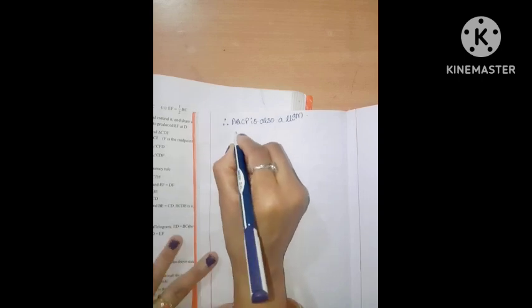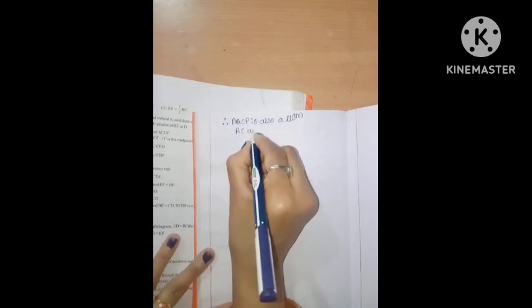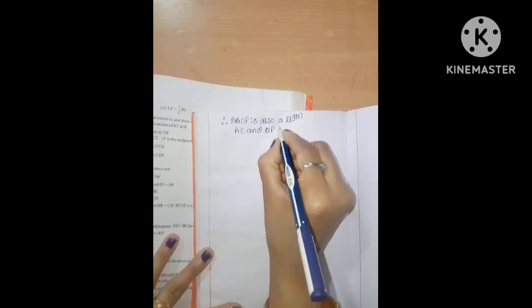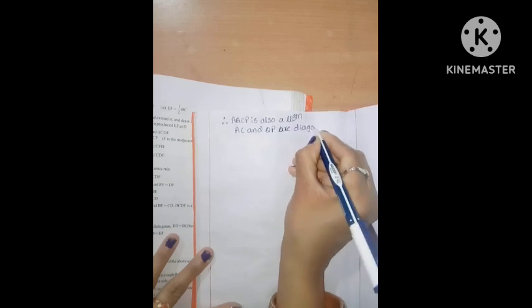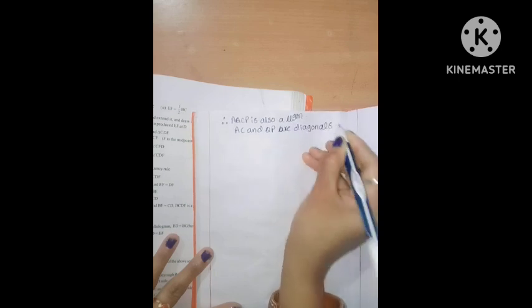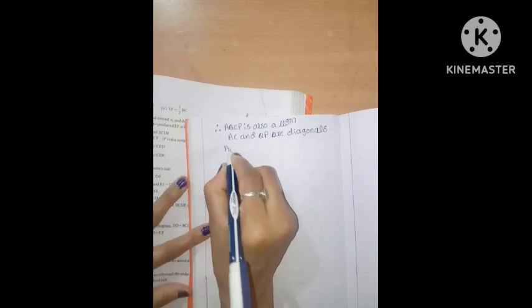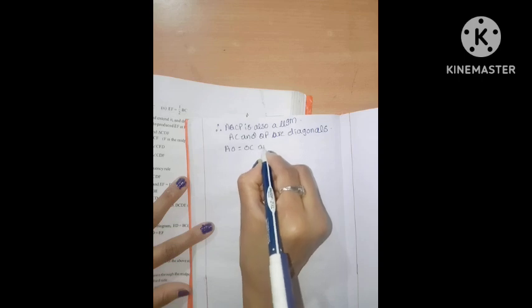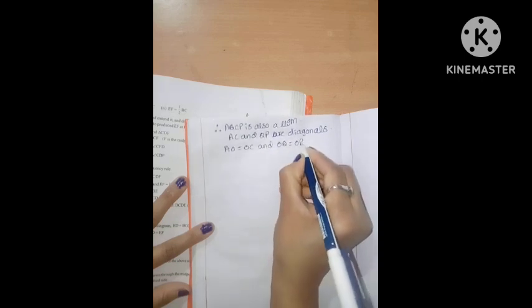The diagonals here are AC and QP. Diagonals bisect each other, so AO is equal to OC and OQ is equal to OP.